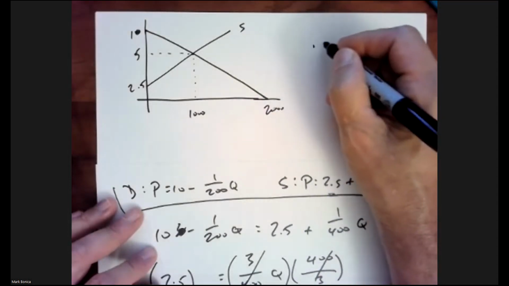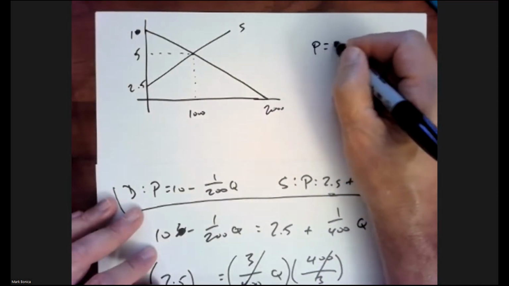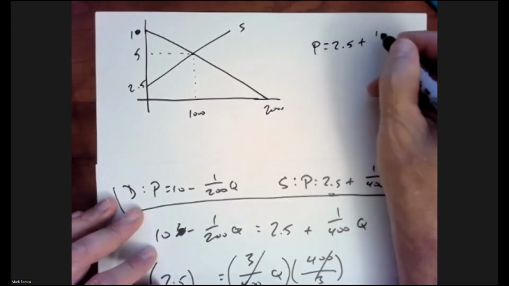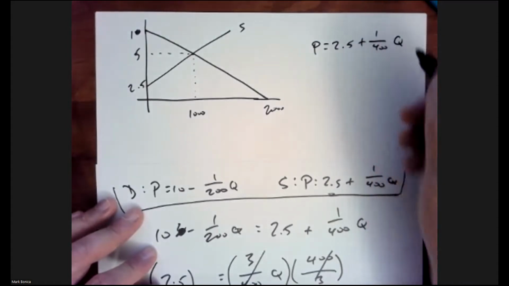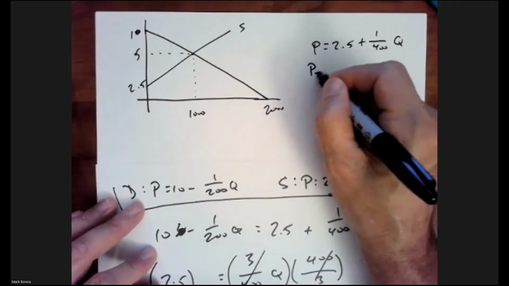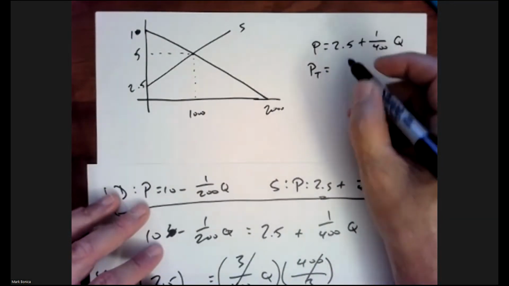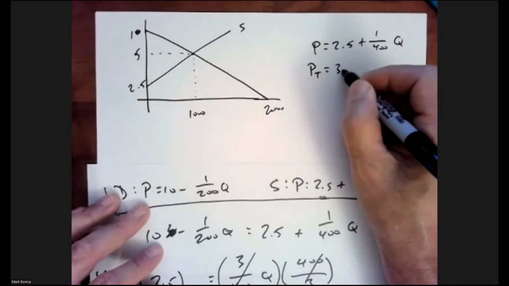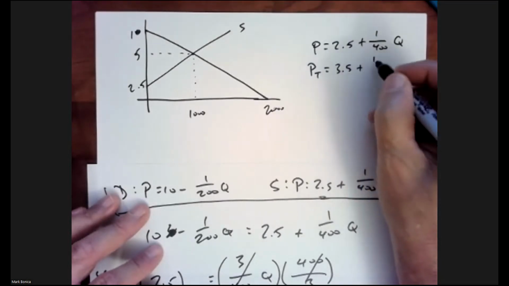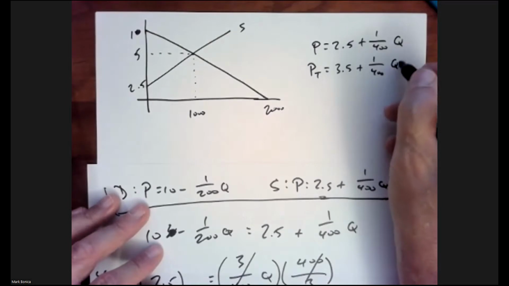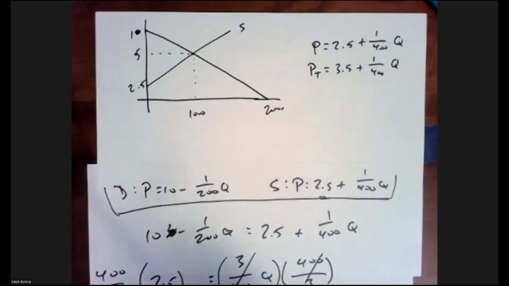So her original supply curve was P equals 2.5 plus 1 over 400Q. With the tax version, it is 2.5 plus 1, or 3.5 plus 1 over 400 Q. And if we're going to draw that on our graph, what does that look like?